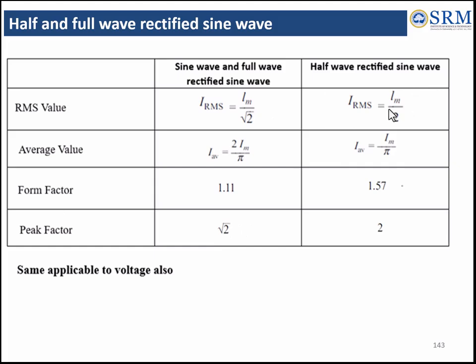Whereas for half wave, RMS is Im by 2, average is Im by pi, it's not twice, form factor is more, 1.57, and peak factor is also more, that is 2. So I hope you understood how to find the various parameters of the sinusoidal wave.